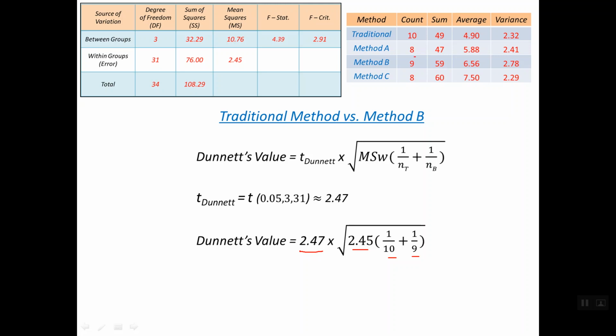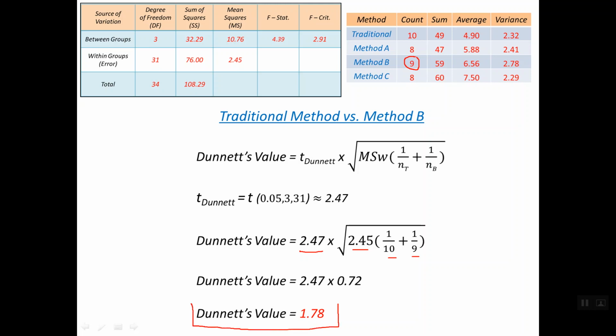It is inside the table above. So simply you can get the value for the Dunnett's test to be 1.78. Again, we need to compare this value, 1.78, with the absolute difference between the averages of the traditional method and method B.